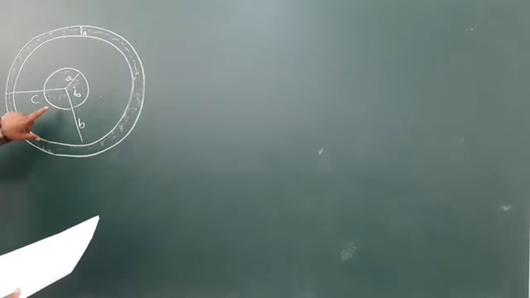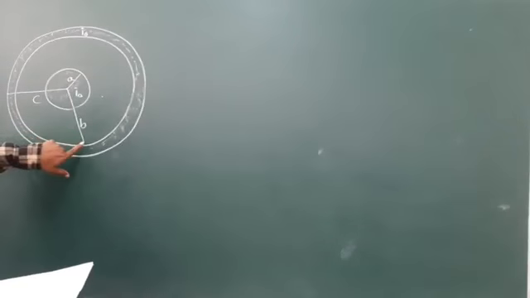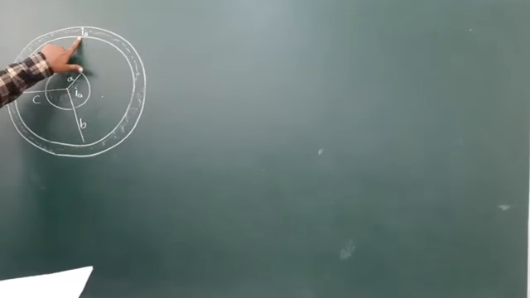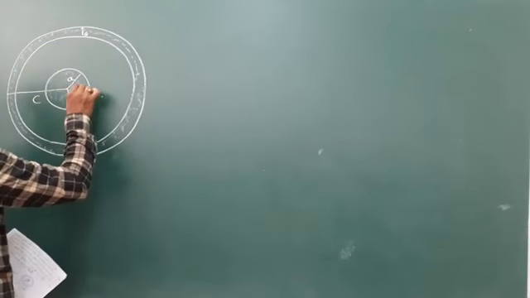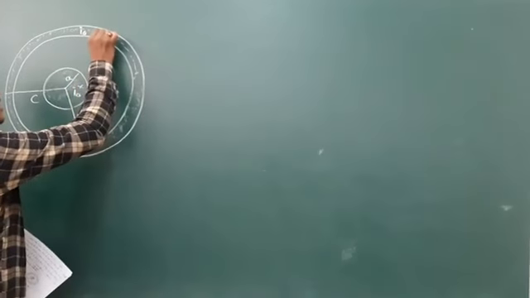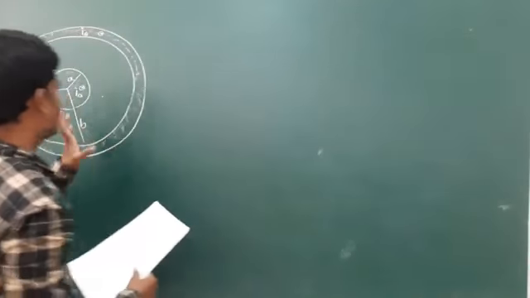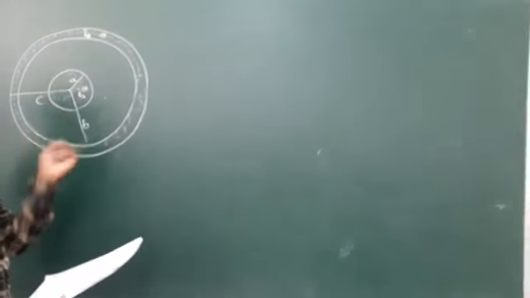This is the coaxial cable which consists of an inner wire carrying current I0, surrounded by an outer shell whose inner radius is b and outer radius is c, and this also carries current I0 in the opposite direction. If this is inward current, this must be outward current. If this is outward, the other one must be inward current. So any one direction. If one is inward, the other is outward. But these two currents are opposite.